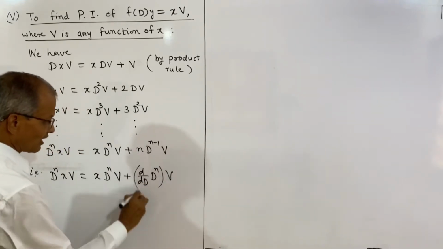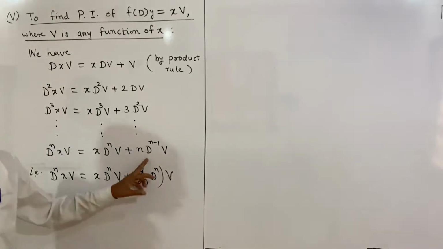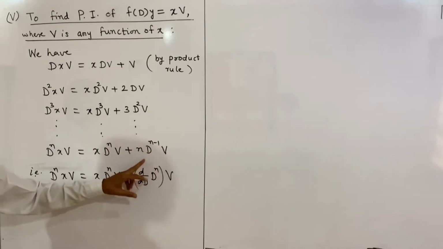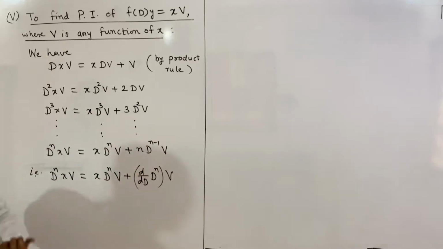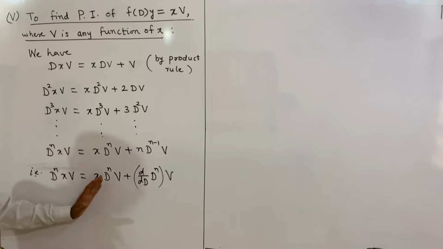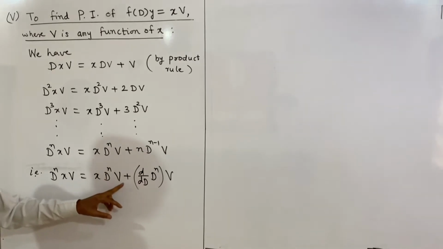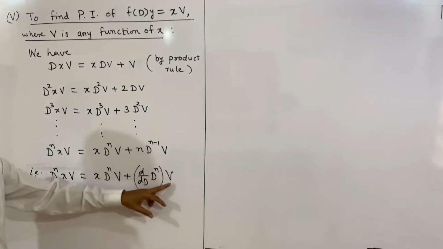Now you see, what is the derivative of D power n? By the power function formula, n into D power n minus 1. So this term is written in this form, and now we can observe that each term is written in D power n.